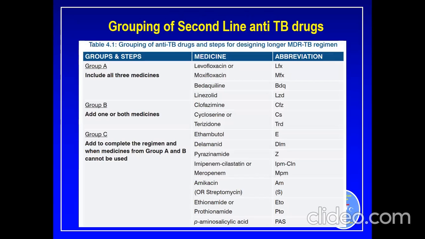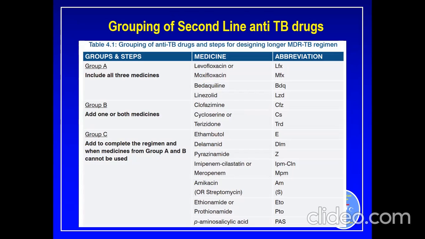So this is the latest grouping of anti-TB drugs, the second line drugs, which are used for designing longer MDR-TB regimens. So if you see, the group A includes levofloxacin or moxifloxacin, bedaquiline, and linezolid. So we have to include all 3.